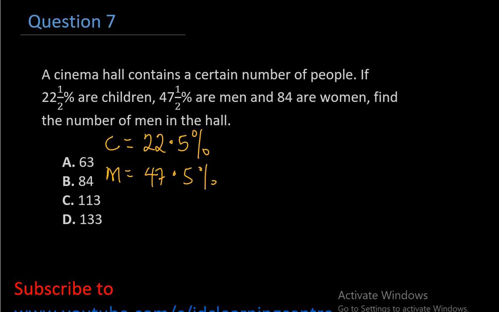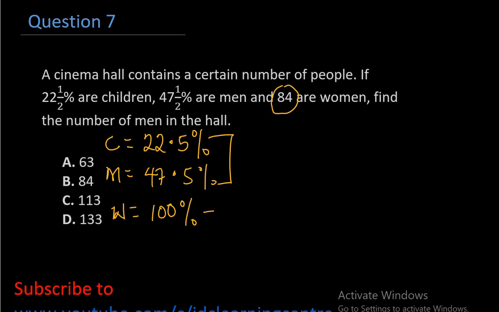They didn't give us the percentage of women, they gave us the number of women. So let's find the percentage of women. Remember, the total population must be 100%, since 100% means everything. So percentage of women will be 100% minus the sum of these two. 22.5% plus 47.5%.